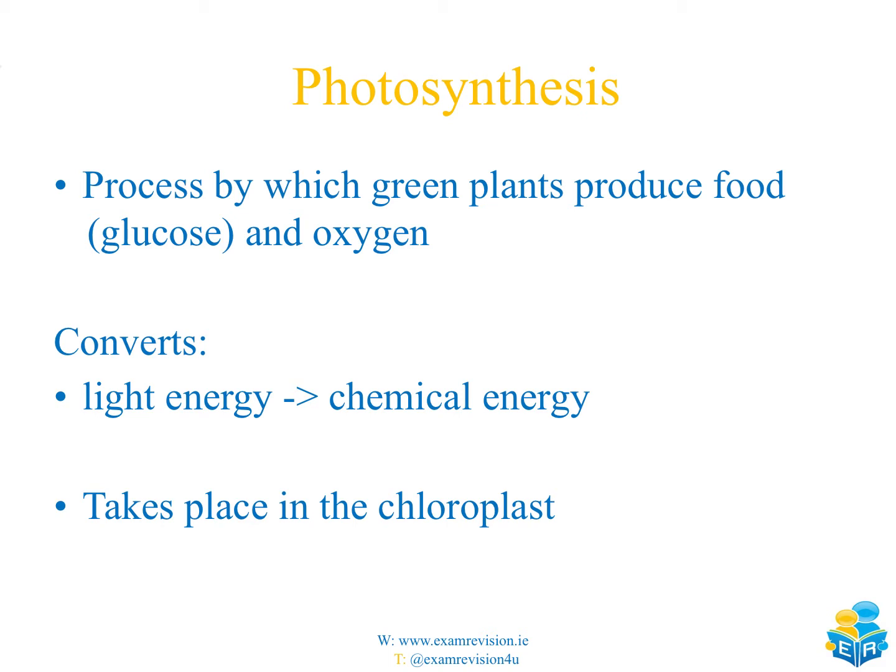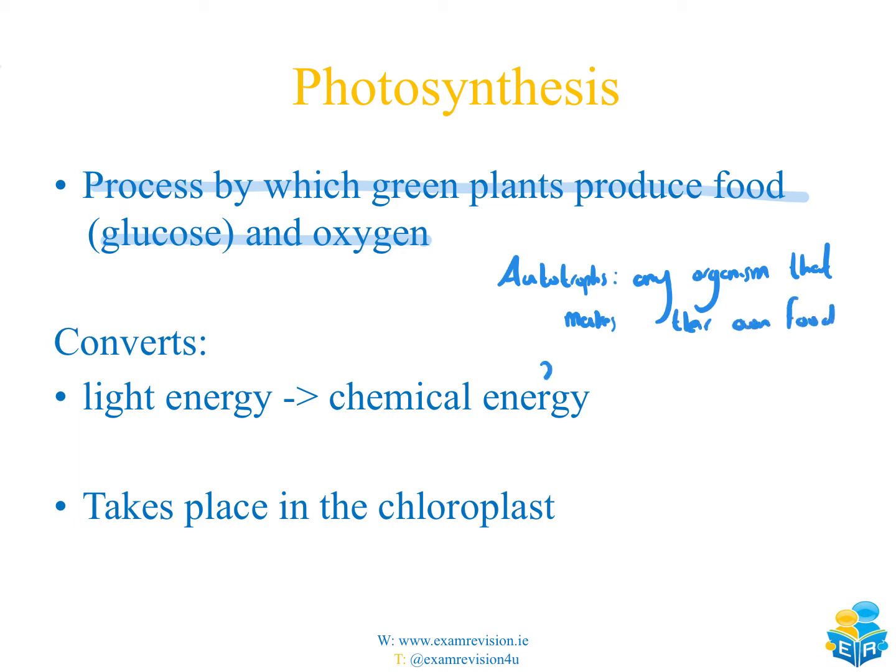So photosynthesis is the process by which green plants produce food, generally glucose and oxygen. Now, we know that plants are autotrophs, and that's any organism that makes their own food. So this is slightly different from us because we're a heterotroph, hetero meaning different.